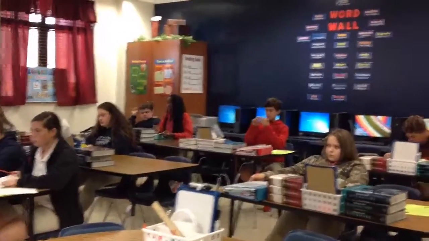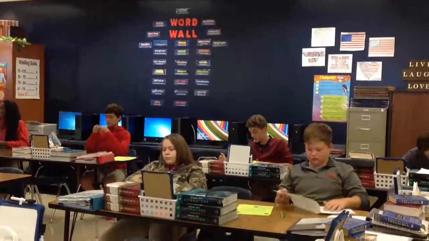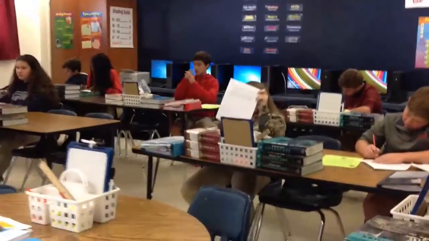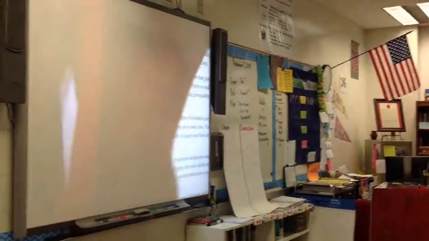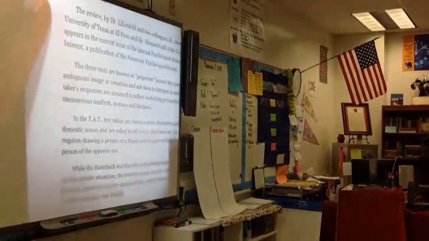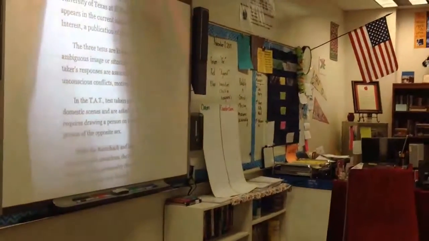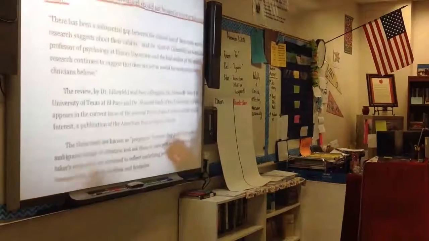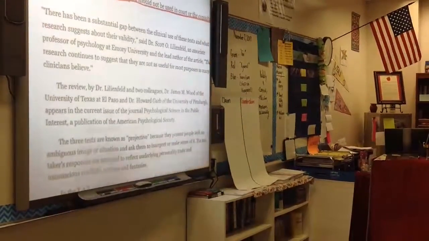It's the ink blot test. Ink blot test, thematic apperception test, and the draw what? Person test. Seriously flawed and should not be used in court or the consulting room. Okay?